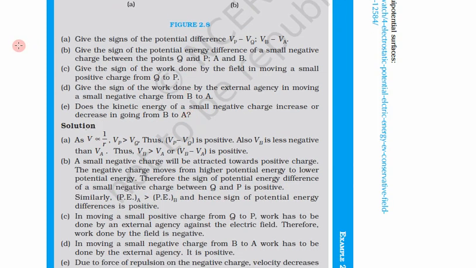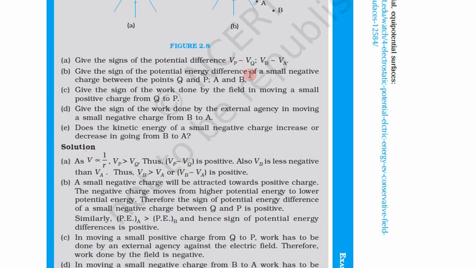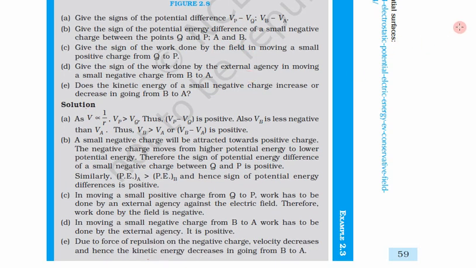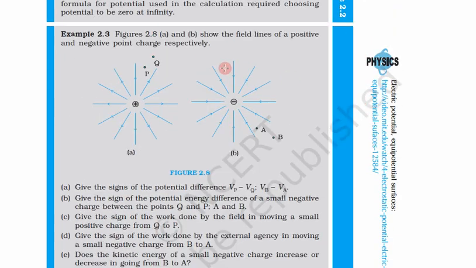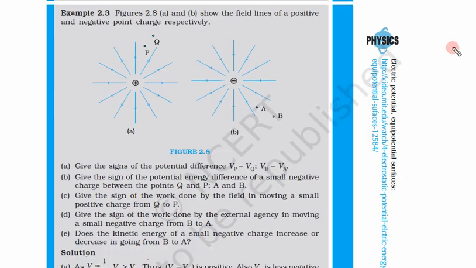Second question: give the sign of the potential energy difference of a small negative charge between Q and P, and A and B. So let me draw the figure here. This is a positive charge, and this is a negative charge, and P is a point here and Q is a point far.